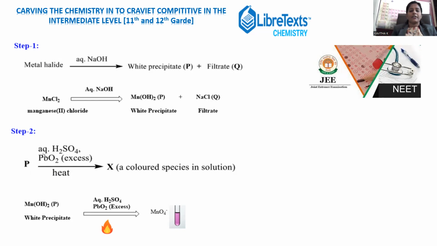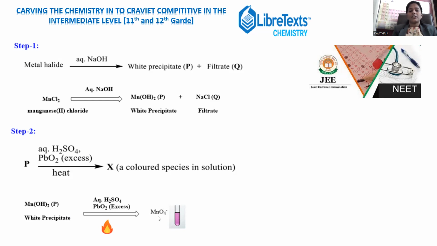That precipitate can be treated with aqueous sulfuric acid and lead oxide, and heating is provided. X will be formed, which is a colored species. Whenever sulfuric acid and lead oxide are used, manganese hydroxide will be converted into permanganate. Here, manganese exists in the +2 oxidation state, whereas the final product has the +7 oxidation state.